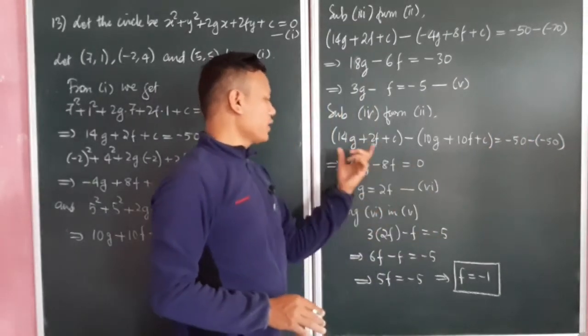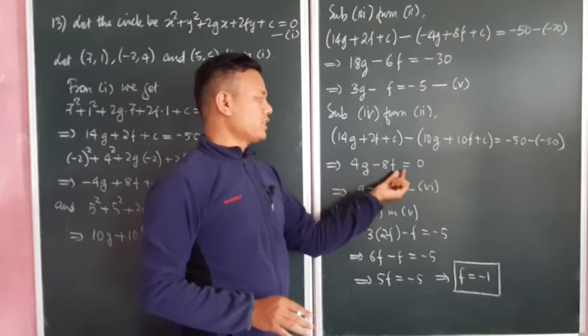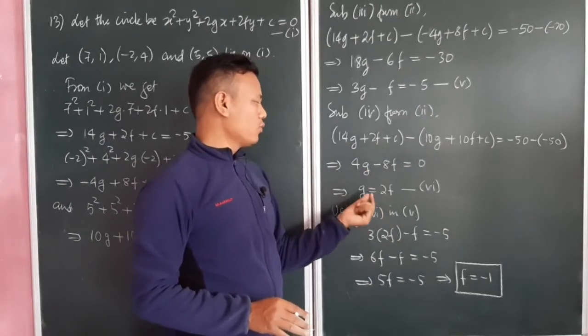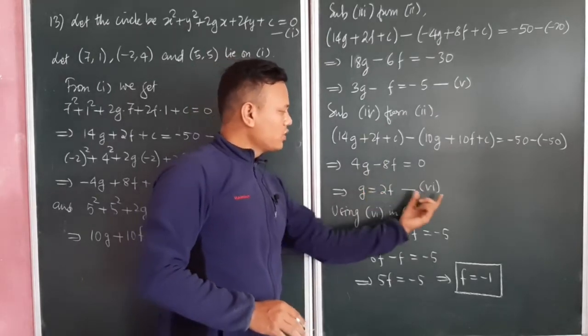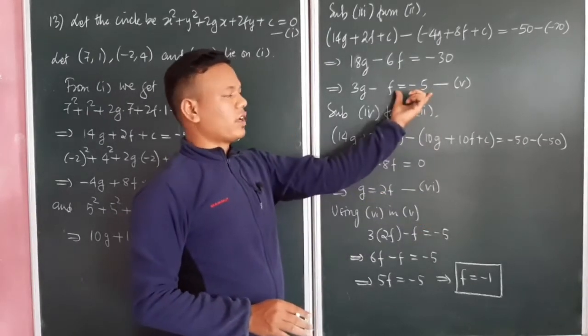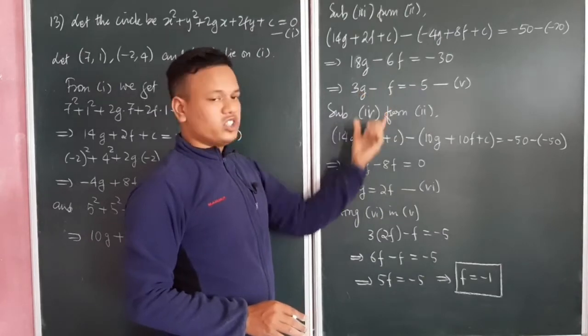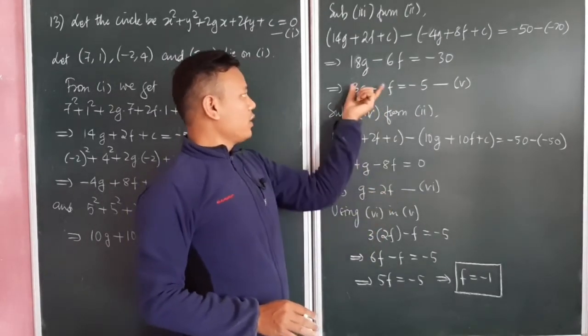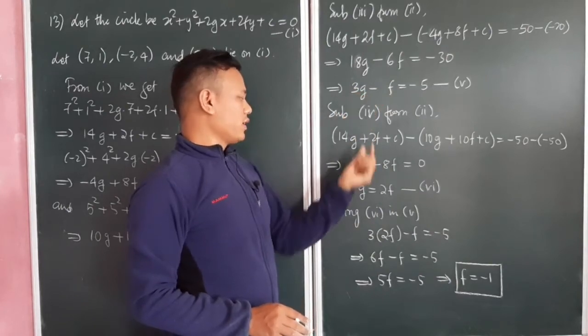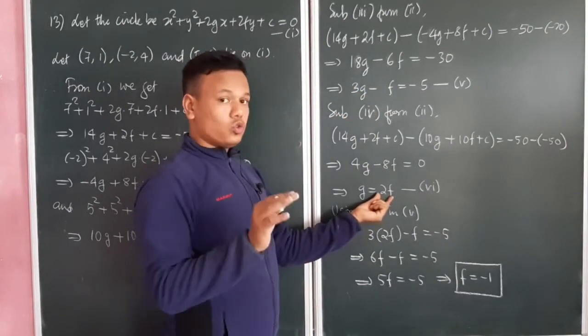From here you arrive at the equation 4g minus 8f equals 0, and from here g equals 2f. Let's call this equation 6. Now let's use equation 6 in equation 5, because these two contain only g and f. If I put g equals 2f, instead of g I am writing 2f.